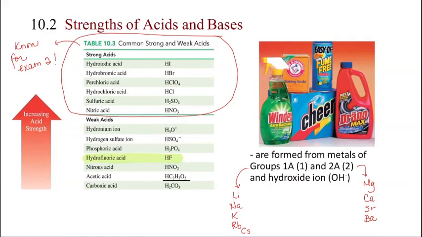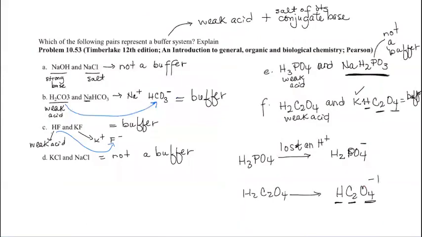It is important that for this exam, you guys are able to organize yourself and understand the concepts. There's a lot of material, but I know that you guys can do it. Any questions about determining if two molecules given form a buffer or not?